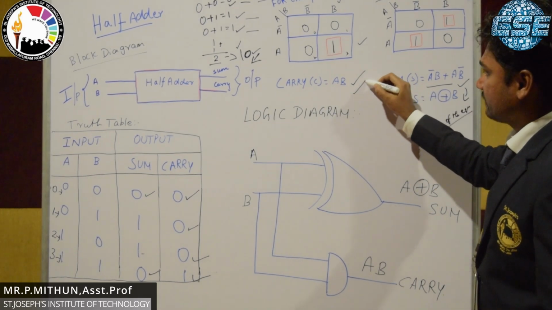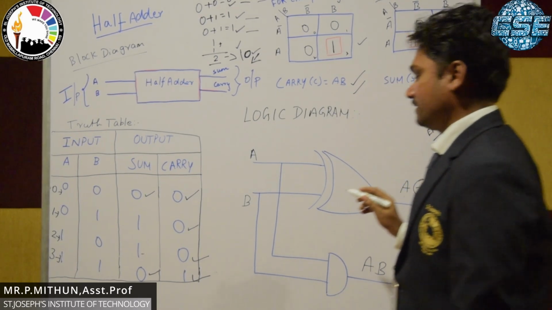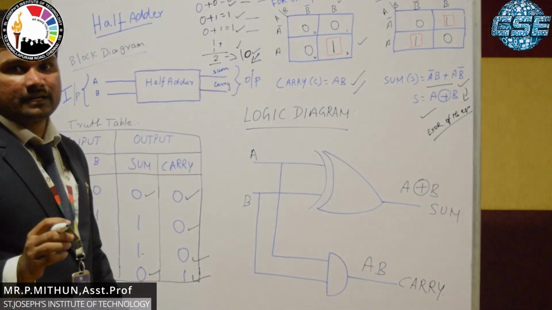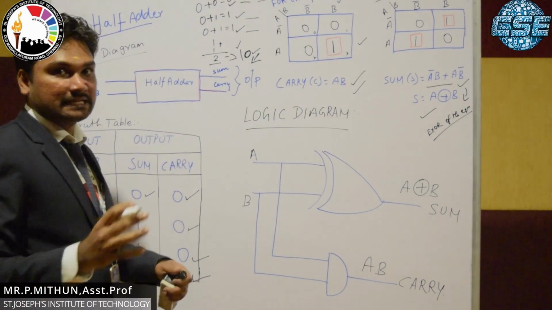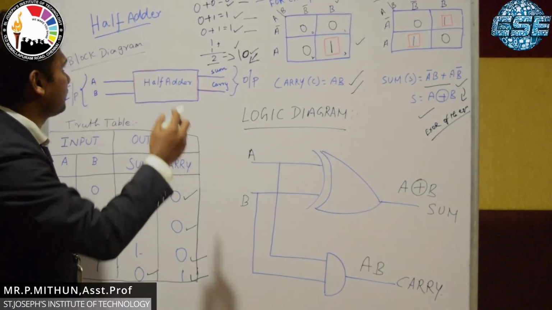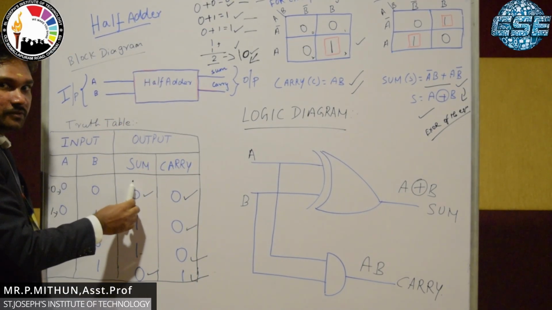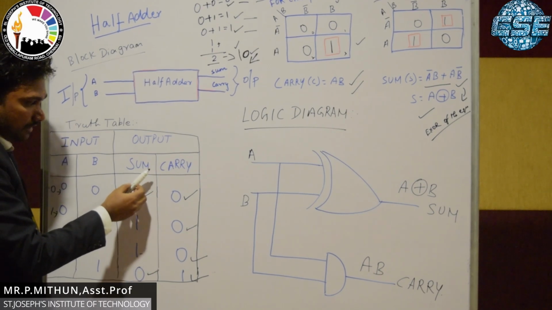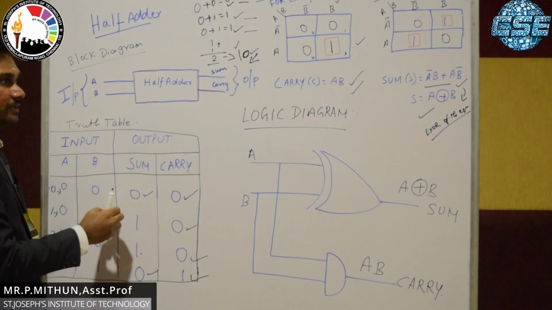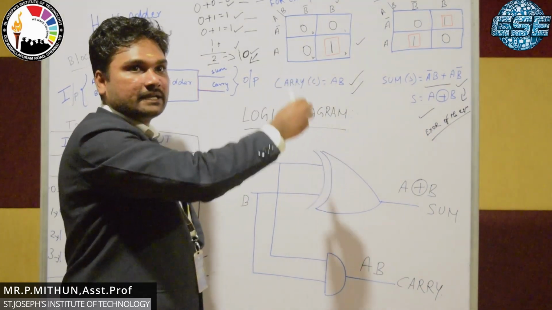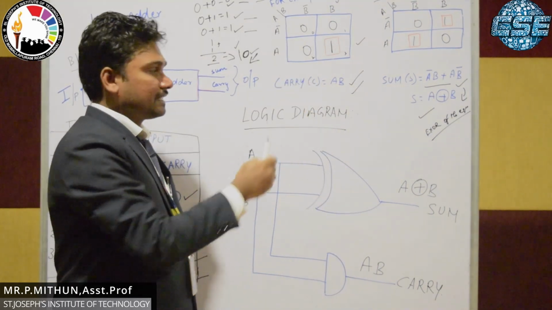From the sum equation and the carry equation, we want to draw the logic diagram. Initially we took the block diagram of the half adder, followed by the truth table. Then we calculate the sum and carry in the truth table and create the K map. Why do we create the K map?